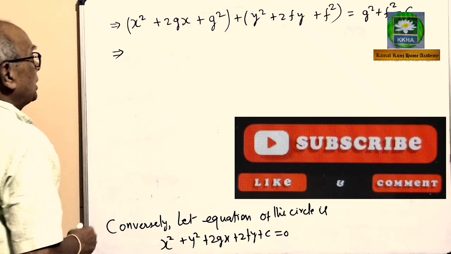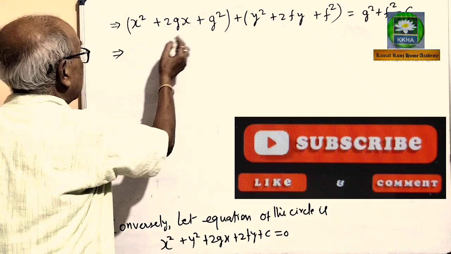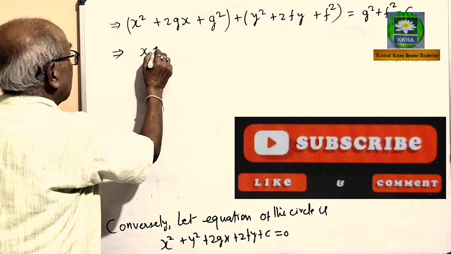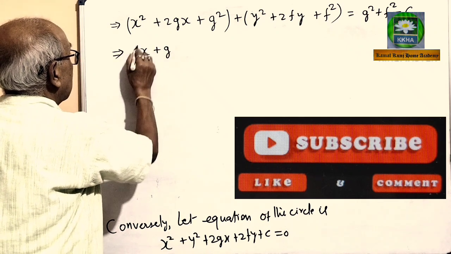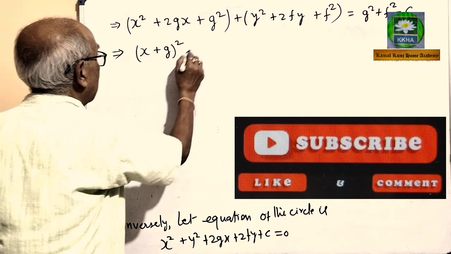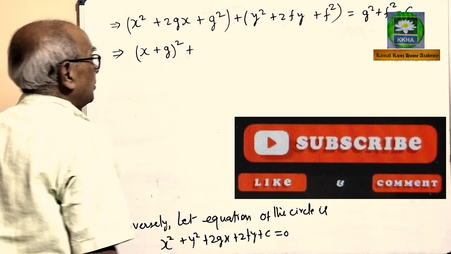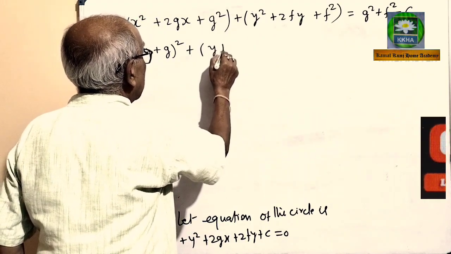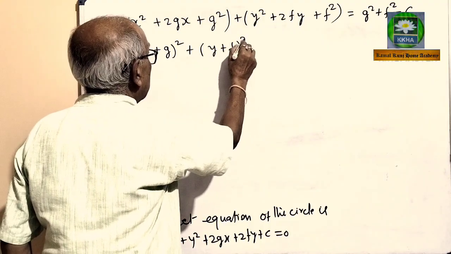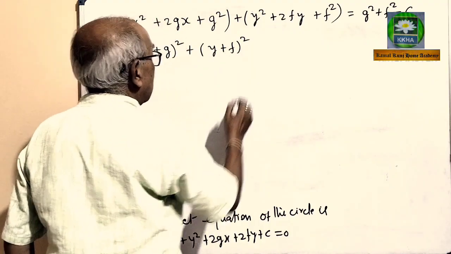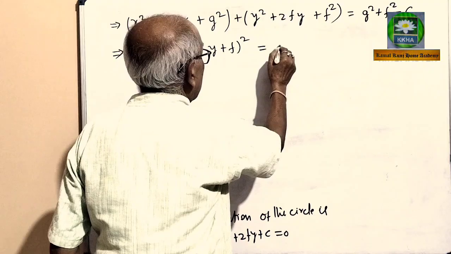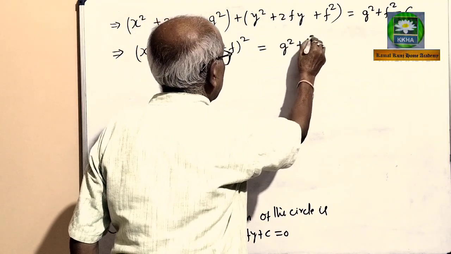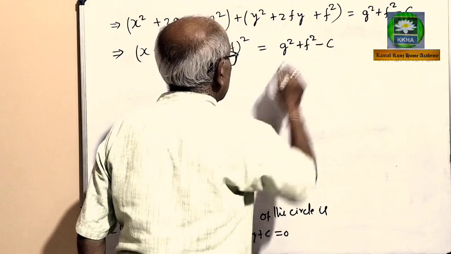Now this is the perfect square of (x plus g) whole square plus the perfect square of (y plus f) whole square, and this will be equal to g square plus f square minus c.